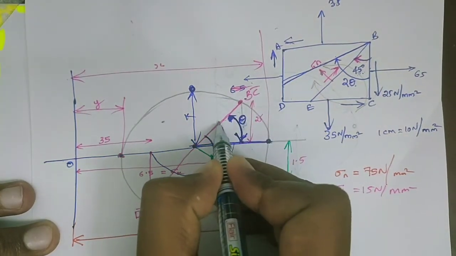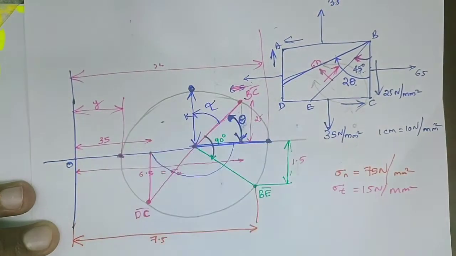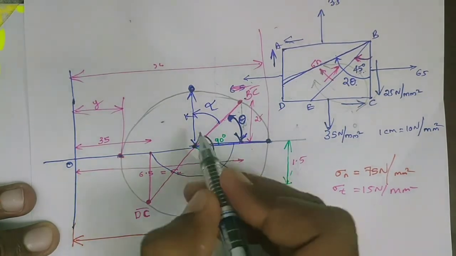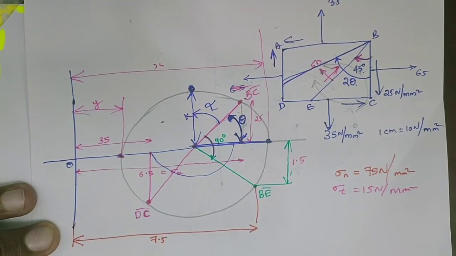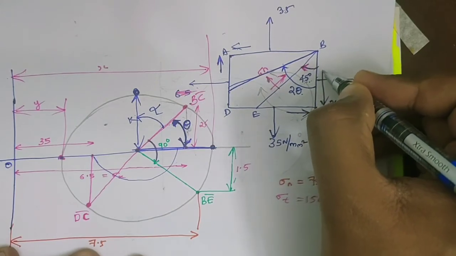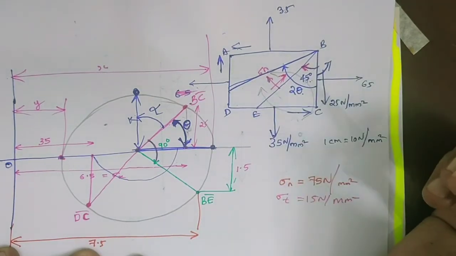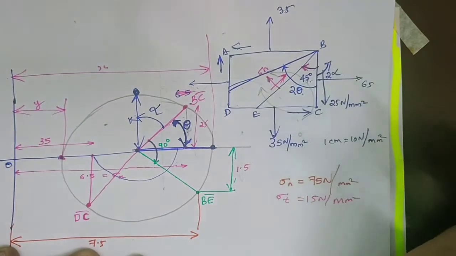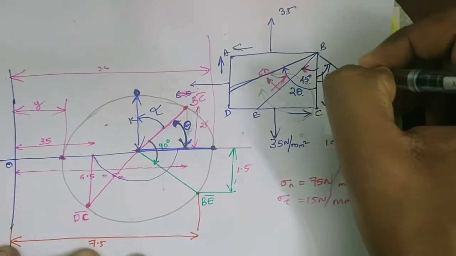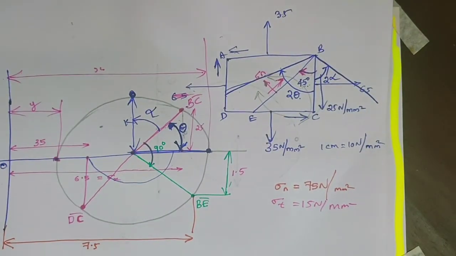From BC to this plane, rotate by an angle alpha in the counterclockwise direction. So from BC, rotate in the counterclockwise direction by an angle 2 alpha. This will be the maximum shear stress plane.